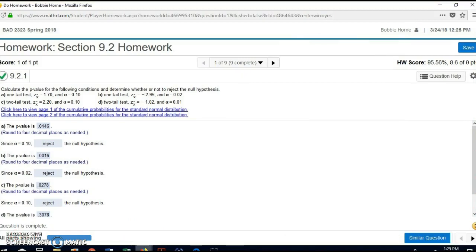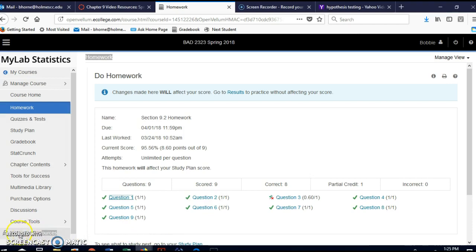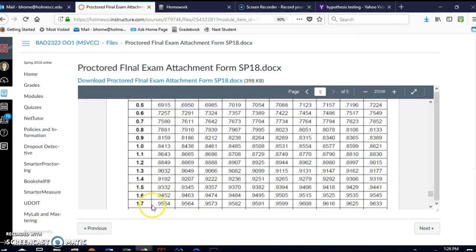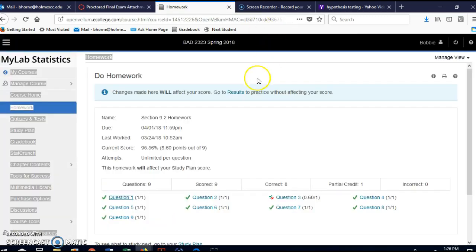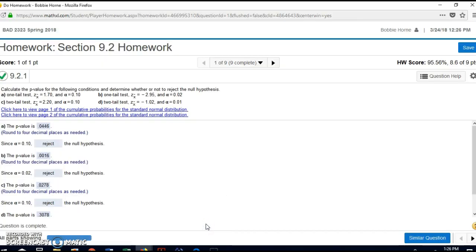So what we have to do is look up our critical value. If you look at your table at 1.70, you can see the area of less than 1.70 is 0.9554. So we want the area to the right because this is a right tail test.